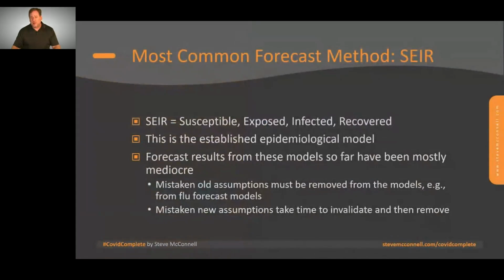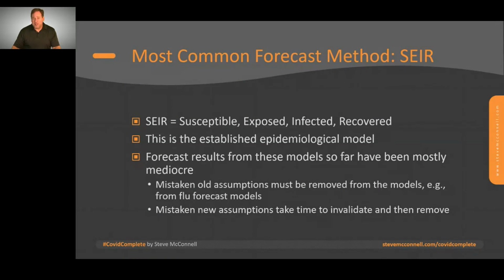The most common forecast model is called SEIR, which stands for susceptible, exposed, infected, and recovered. This is the established epidemiological model. The interesting thing is that some of the organizations that started with really mature, very well-developed SEIR models based on influenza forecasting actually took a long time to adapt their assumptions appropriately for COVID.